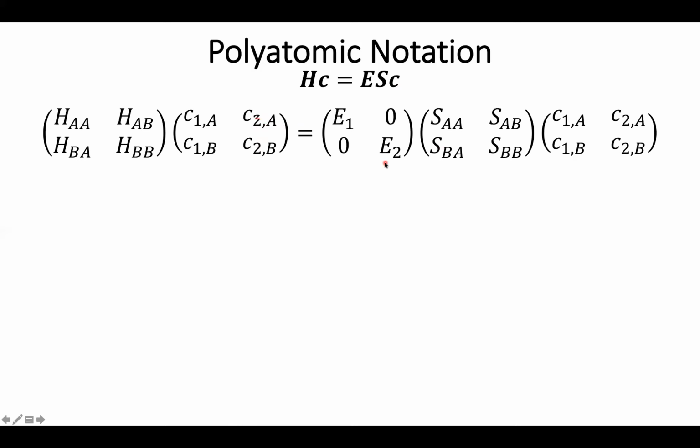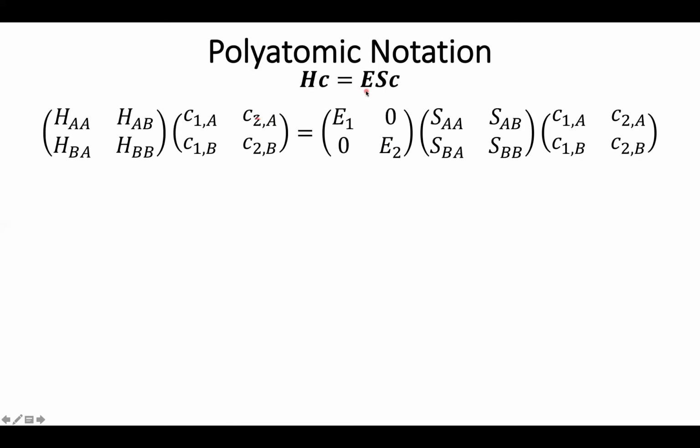Now, the last interesting feature is this term. The energy is now no longer the energy of a single molecular orbital, but instead it's going to encapsulate the energies of each of my molecular orbitals.